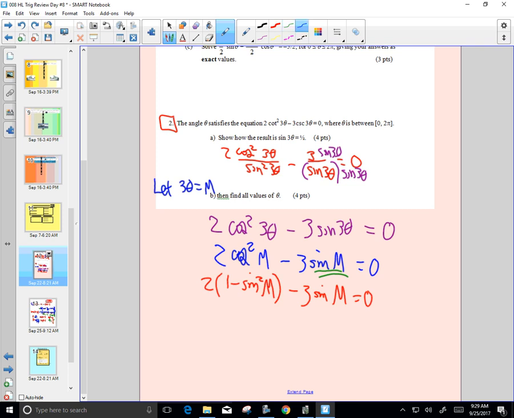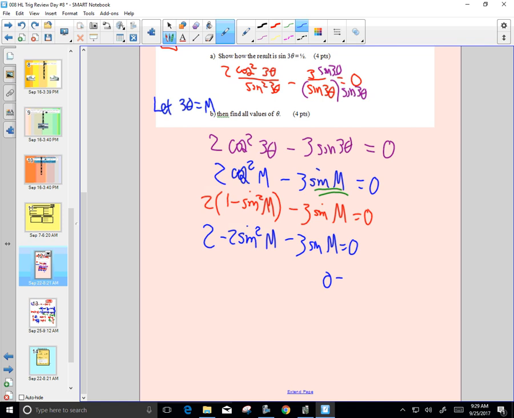So then when I multiply that out, I get 2 minus 2 sine squared m minus 3 sine m. Put everything on one side. You get 2 sine squared m plus 3 sine m minus 2.